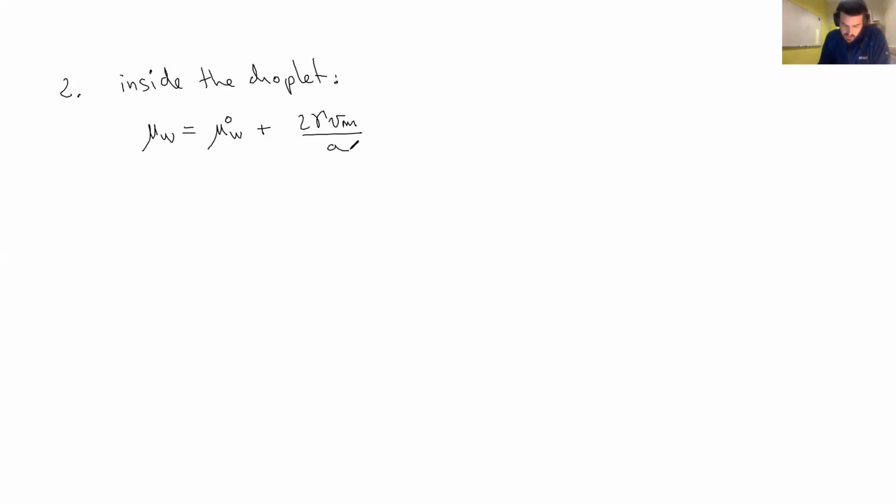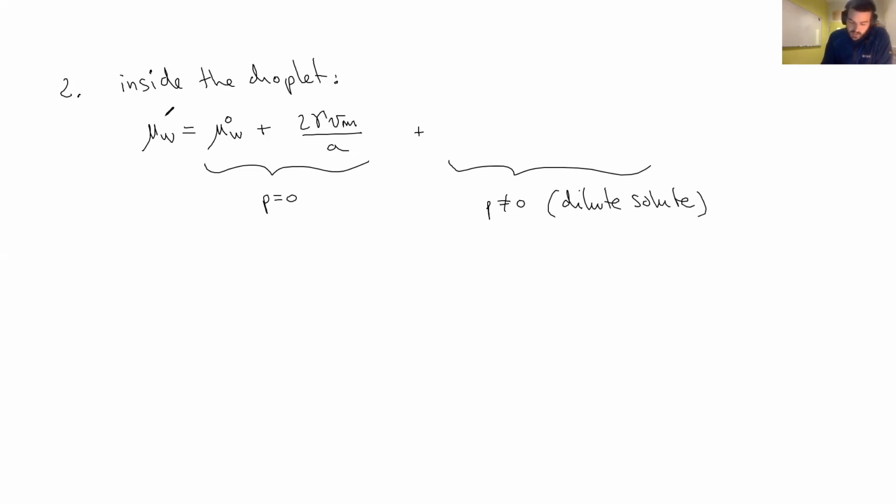Correct me if I'm wrong, but that was the case when P is equal to 0, when there is no added species. Okay, and now I'm adding a dilute species. It's a dilute solute. So to summarize, I'm considering the chemical potential of the solvent in presence of a dilute solute. So I think we wrote that at some point.